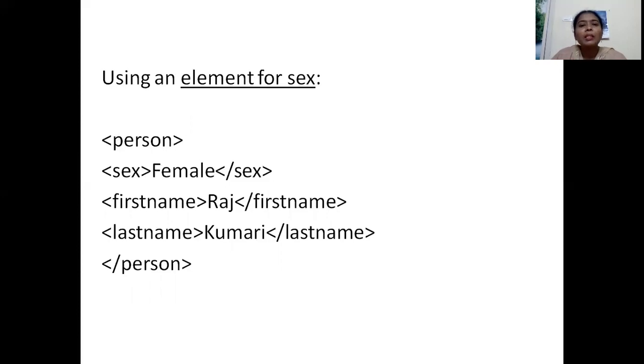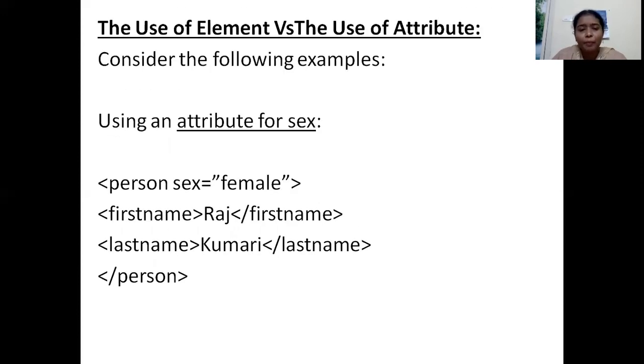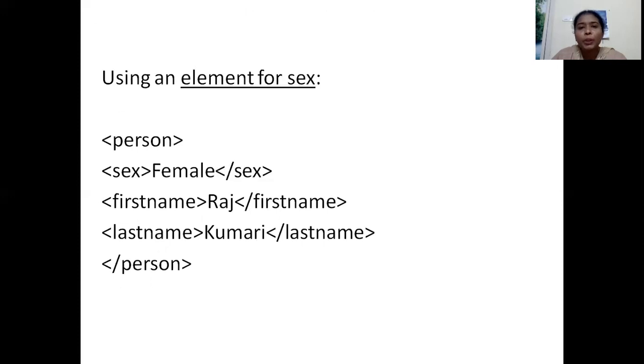In this example, sex is not an attribute, sex is an element, saying that she is female. And the first name is Raj and the last name is Kumari. So in these two examples, example 1, attribute for sex, and example 2, element for sex, give the same meaning to the reader, but the way of declaration is different.